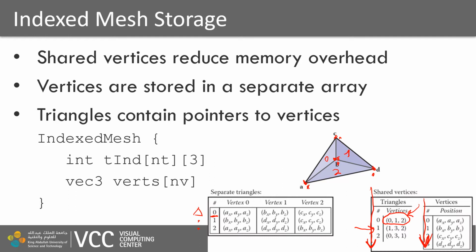And we can see that such a structure can be easily represented this way, where we have an indexed mesh, an array of vertices, and then an array of triangles, where each entry will have three indices, it says a two-dimensional array here, where 0 would mean the first vertex, 1 the second vertex, and 2 the third vertex, which are forming our triangle.